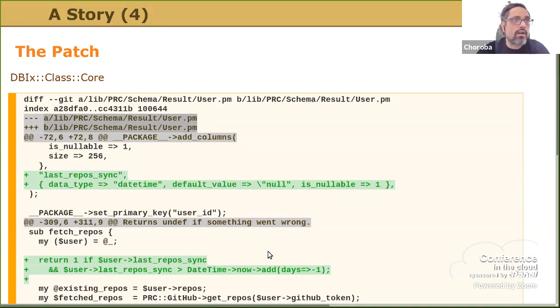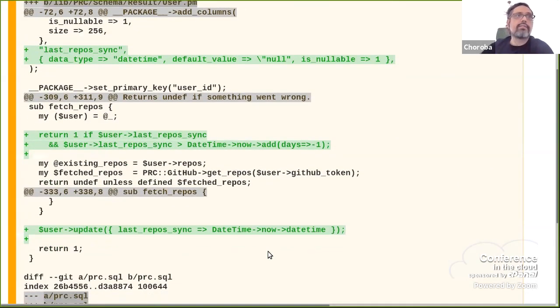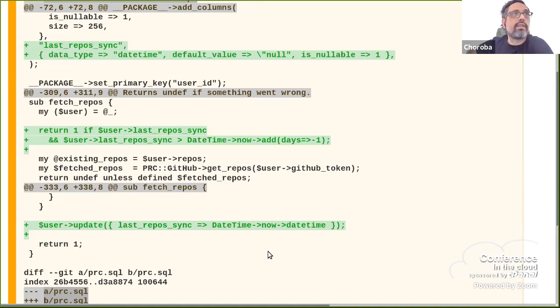The first block shows the last repo sync, which is the time of the last sync with GitHub. And underneath, you can see in the fetch repos subroutine, we skip fetching the repos if the time is not 1 day or more.